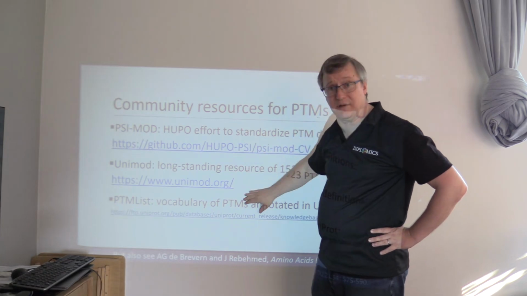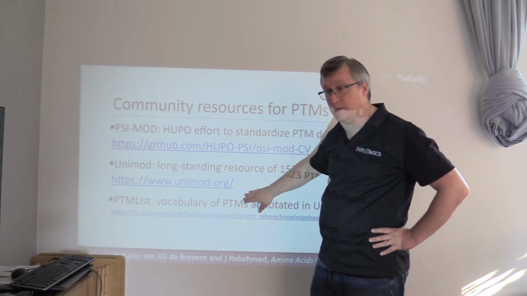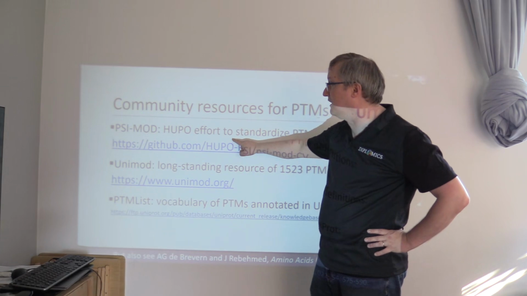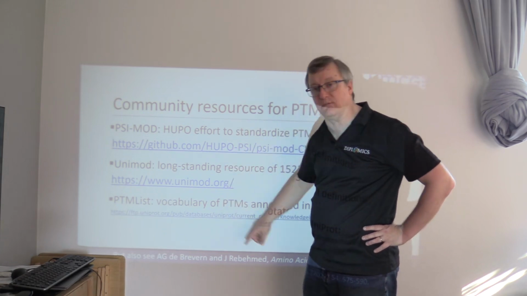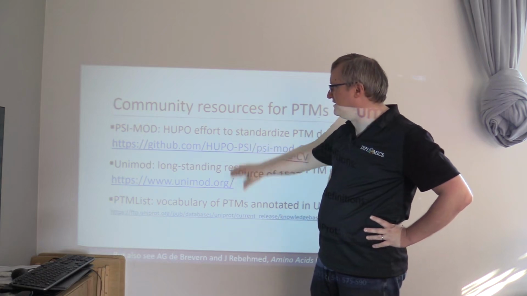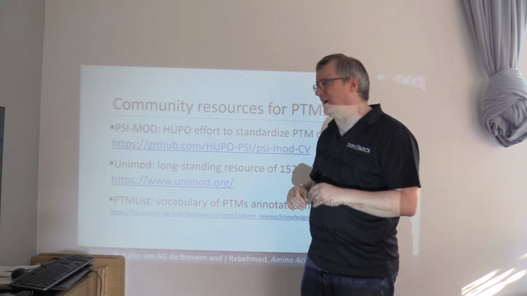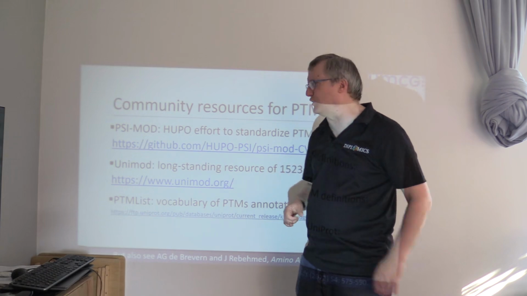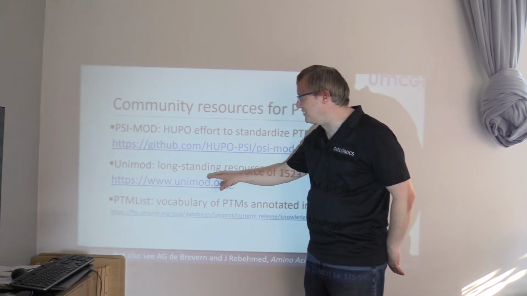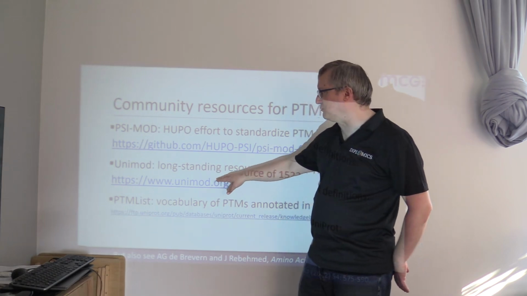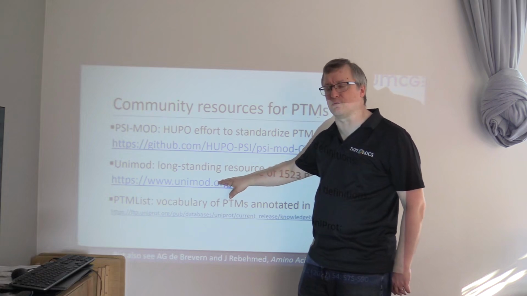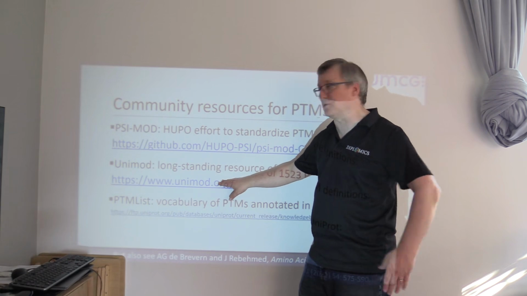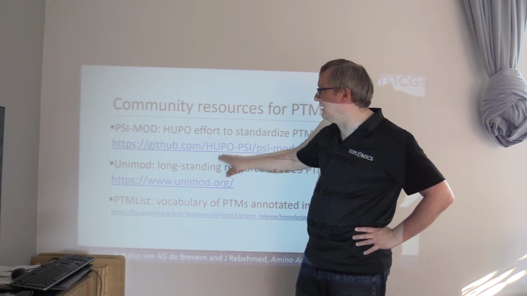There are certainly databases out there to help you learn more about these different modifications. I'm highlighting PSIMod, Unimod, and PTM-list. These have different levels of annotation and kind of different audiences, I suppose. I think of Unimod as being directed very much at the mass spec community, and the resource is drawn from the papers of the mass spec community.